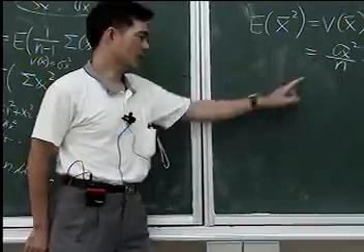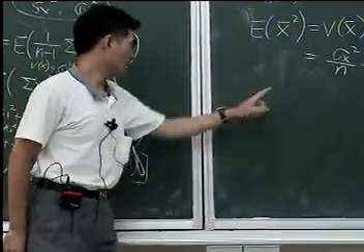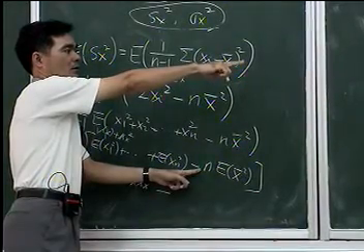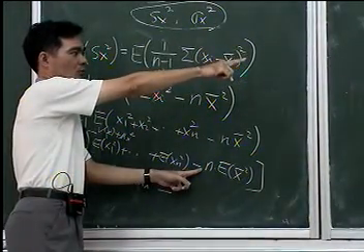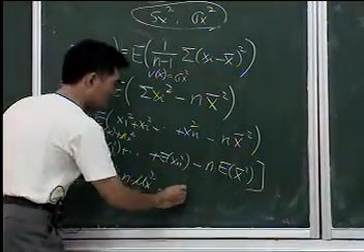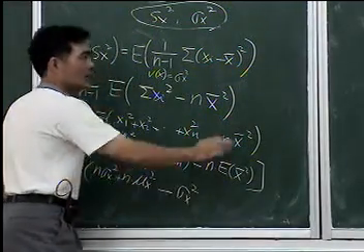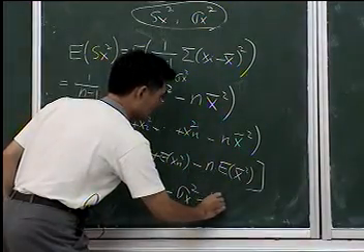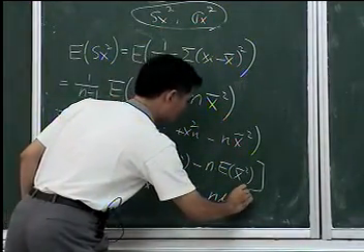So n times sigma x squared over n, what do we get? We get sigma x squared. And n times mu x squared, you get minus n mu x squared.